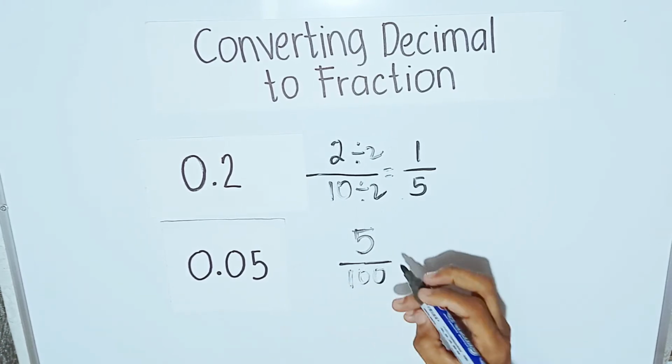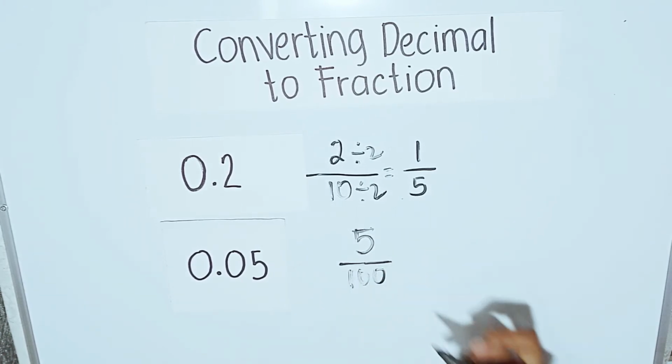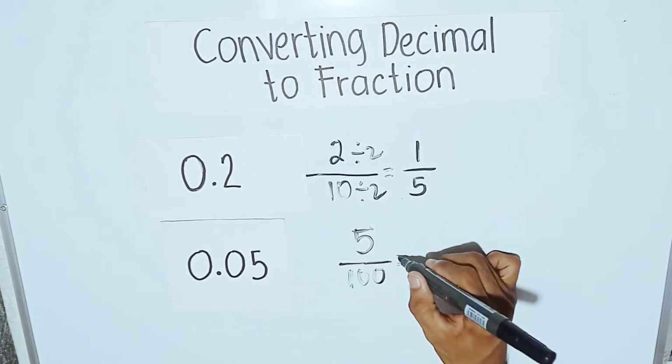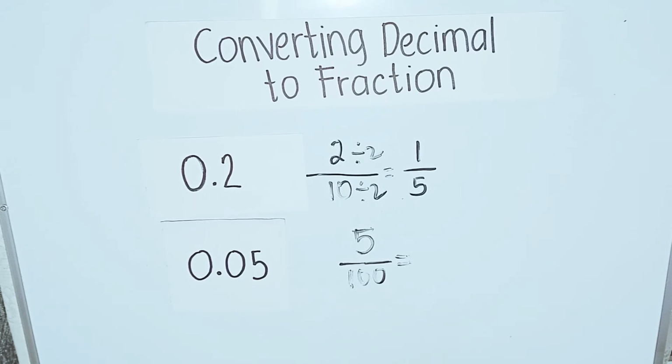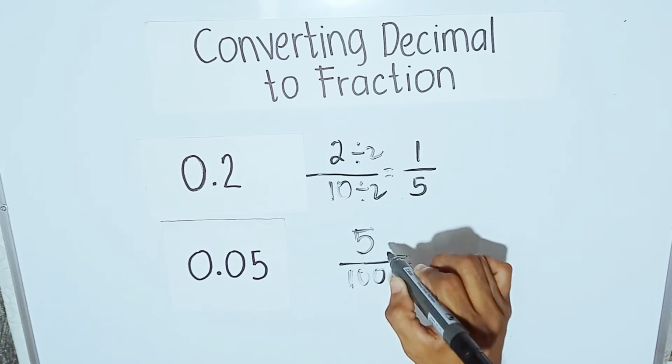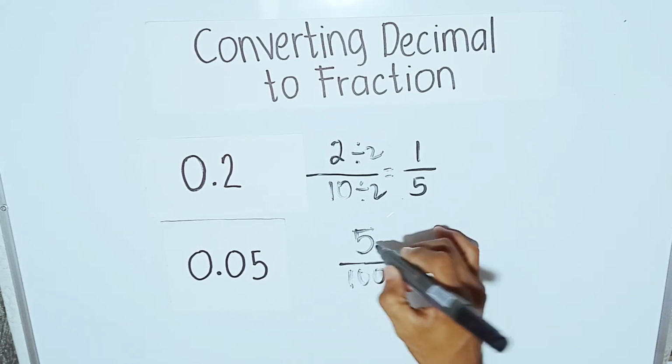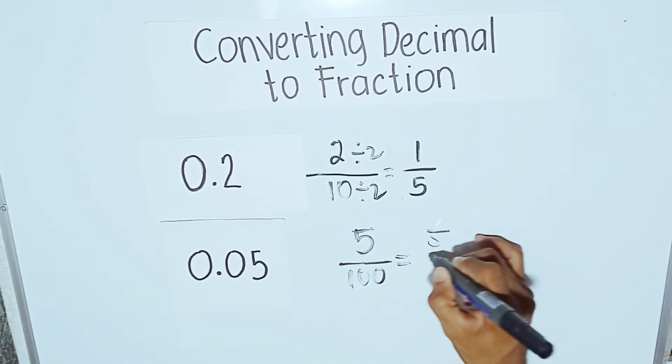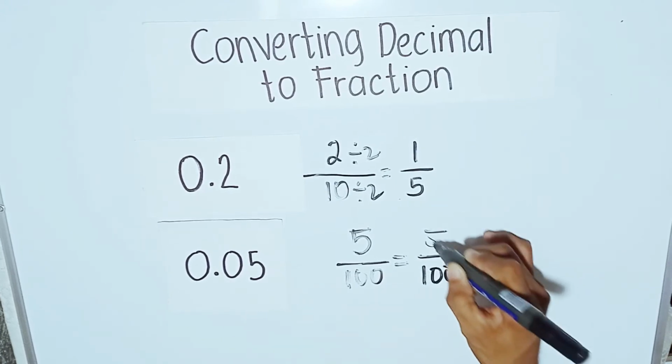So, I hope nakikita nyo po. We have 100 and then reduce that into lowest term. Yung 5 over 100 pwede tayong mag-reduce ng lowest term na pwede tayong makadivide ng 5, both numerator and denominator. So yung 5, i-rewrite natin, 5 over 100.